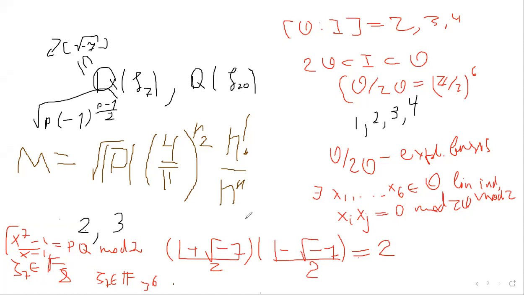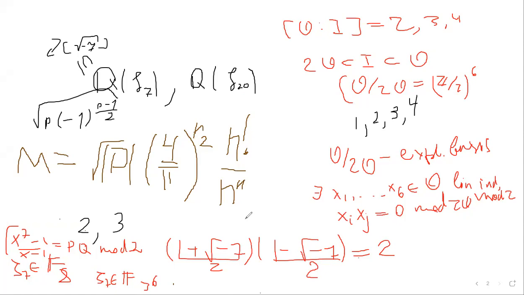So 2 splits means what? Shouldn't we get that the norm of this guy ends up being 8, right?